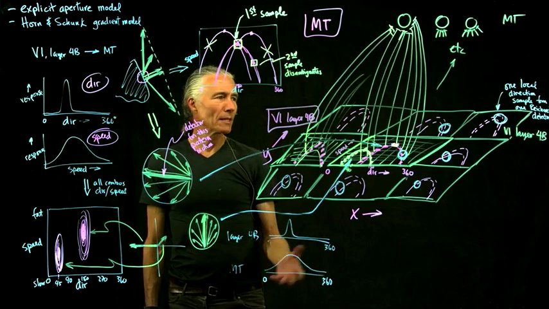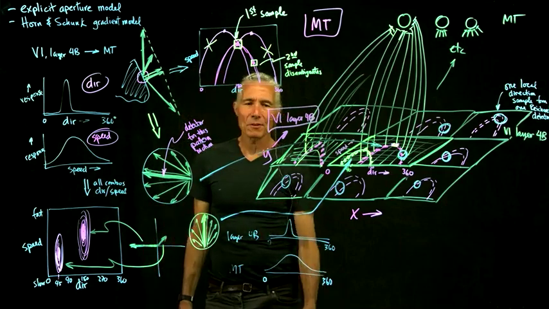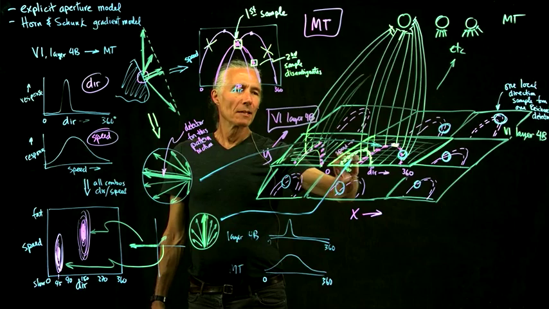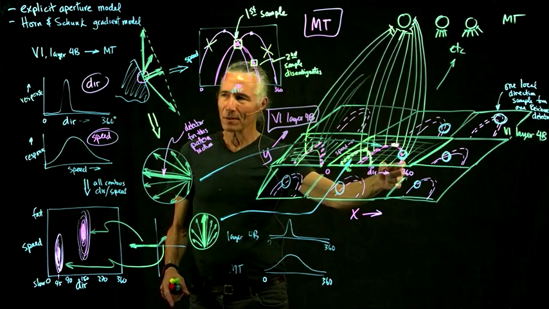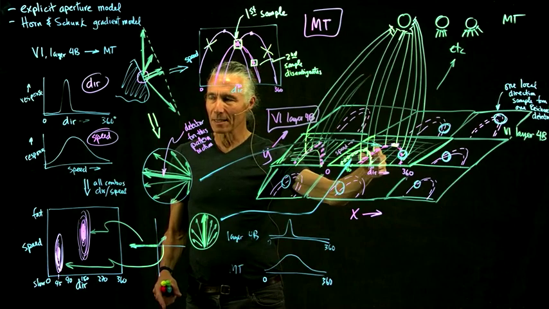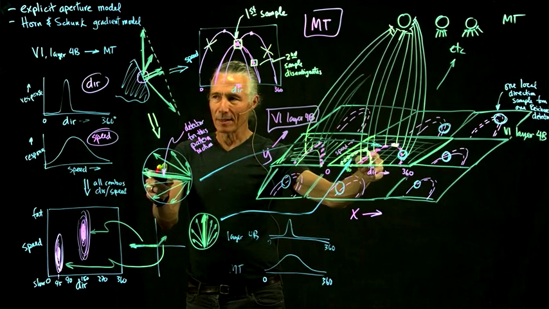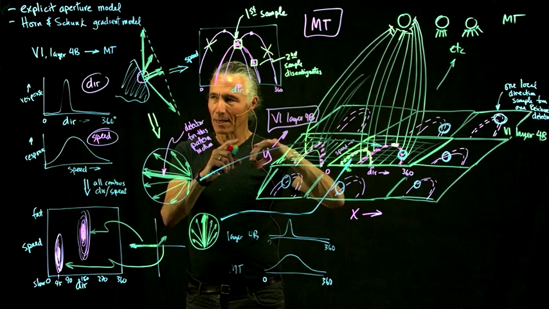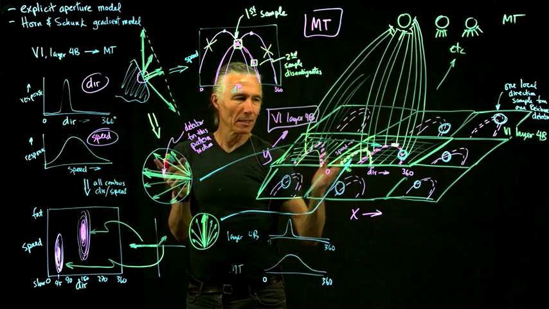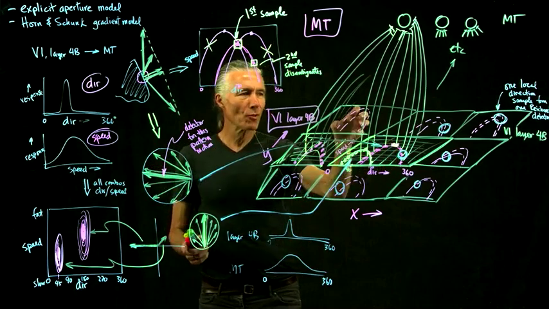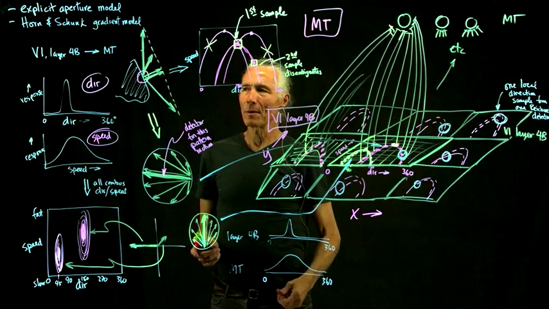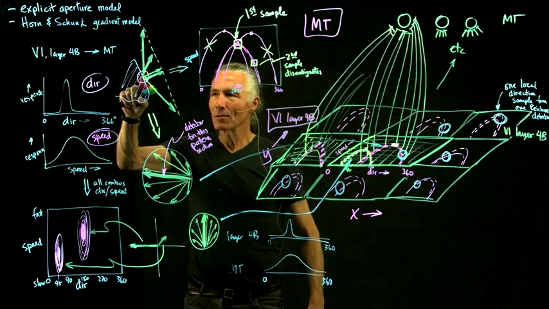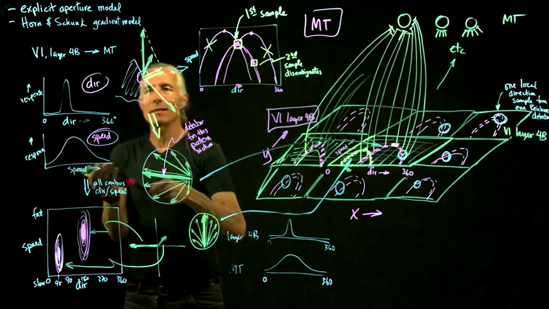So what you're seeing is that you've got to connect up a bunch of different directions and speed combinations. There has to be the right speed and the right direction, but expanding over a number of different directions. And then you've got to do the same thing across space in order to be able to solve this problem, because one detector is only going to detect one little edge.